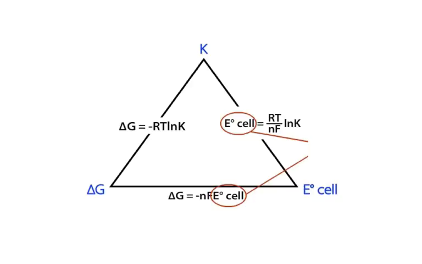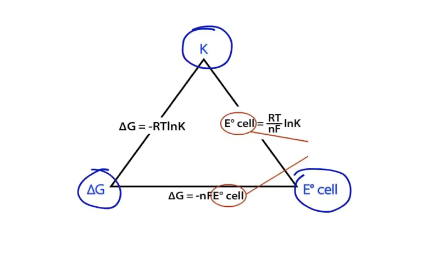So here's our final little triangle. If we know K, we can convert it into a voltage for a cell, or vice versa. If we know K, we can get delta G. If we know delta G, we can get K. If we know delta G, we can get E0. So any of these three can be converted into the others using these formulas.